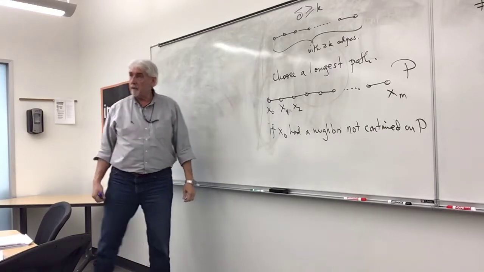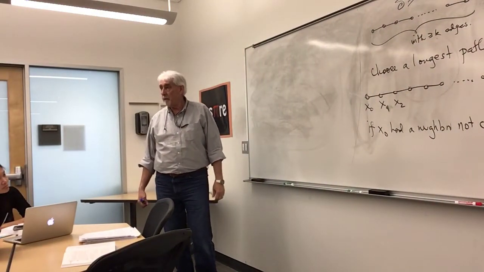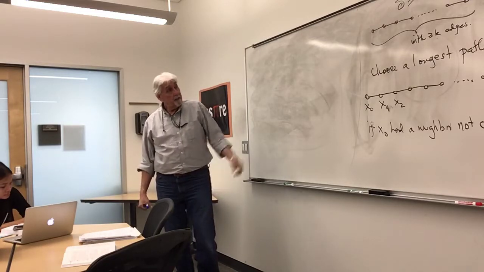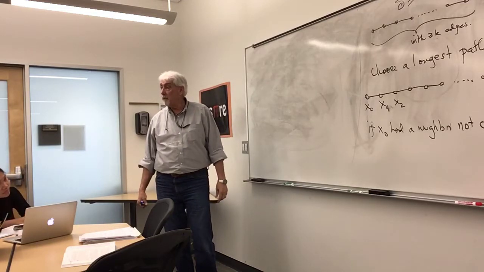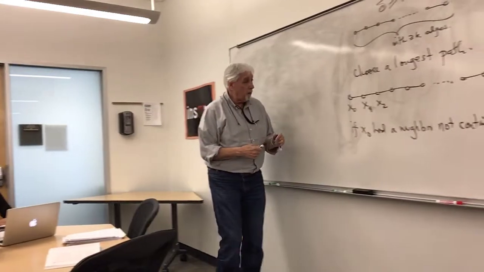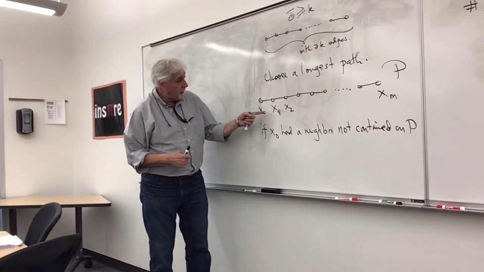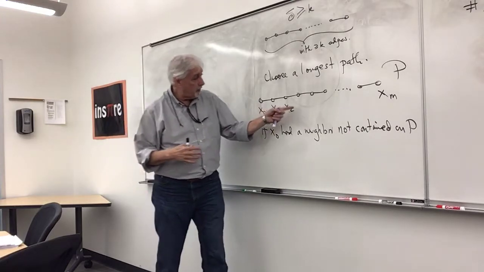So all of x0's neighbors lie on the path. And how many neighbors does x0 have? At least k. So let's see. The neighbors of x0 could be at worst x1, x2, x3.